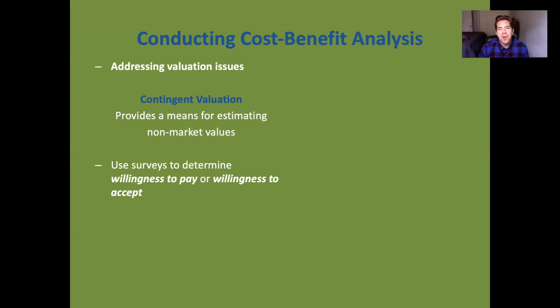Questionnaires to determine an individual's, you or I, willingness to pay or willingness to accept payment to address a particular problem, right? And I'll give an example of this in a second that was used in the beginning stages of how that made contingent valuation a commonly applied approach in public policy, right?